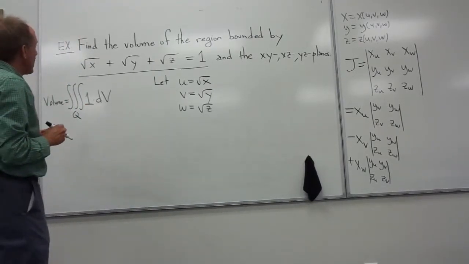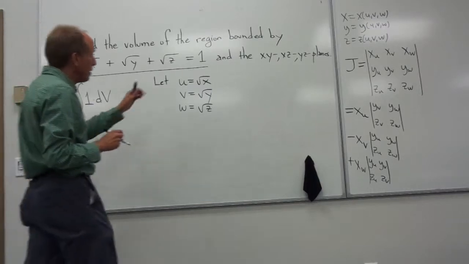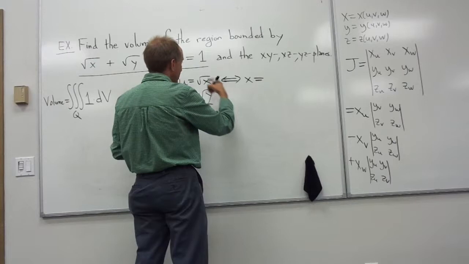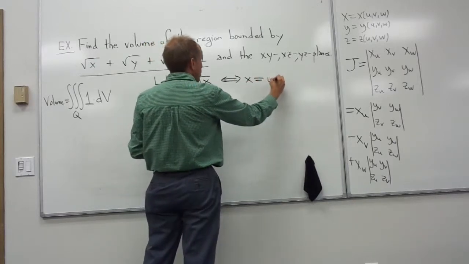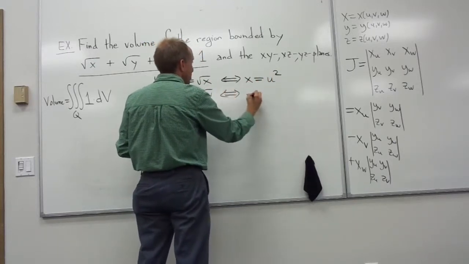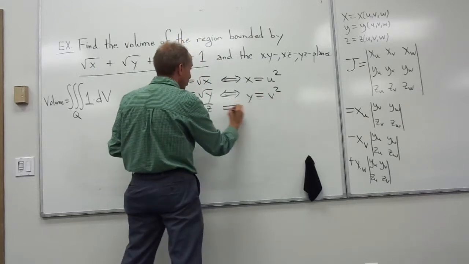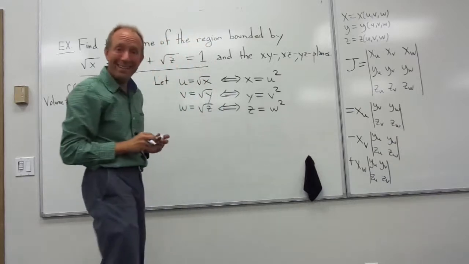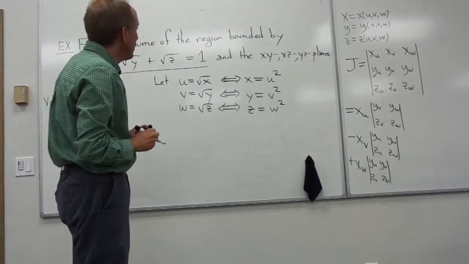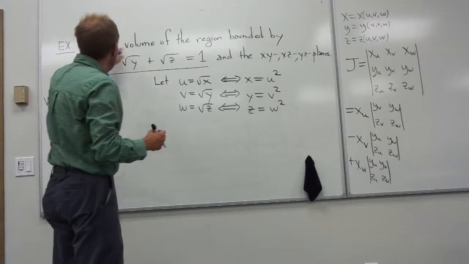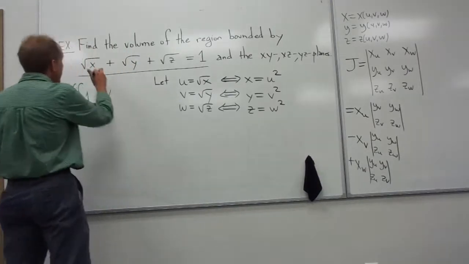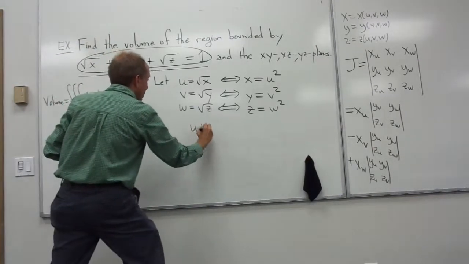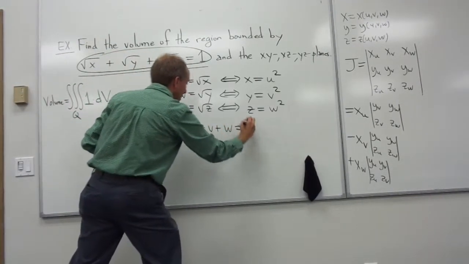If I do that, we can also write the old variables in terms of the new ones. So x would be u squared. This is pretty easy in this case to solve for the old variables in terms of the new ones. Then this will become a much simpler problem, because the equation is simply u plus v plus w equals 1.